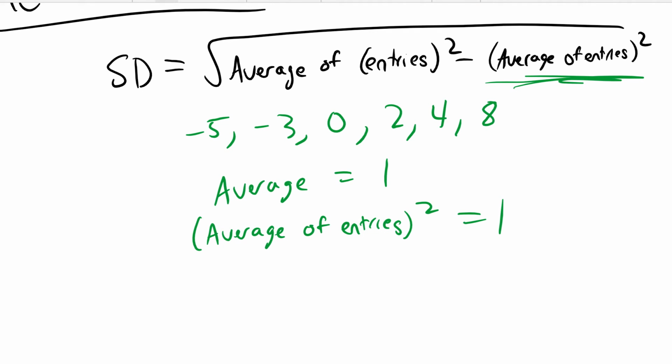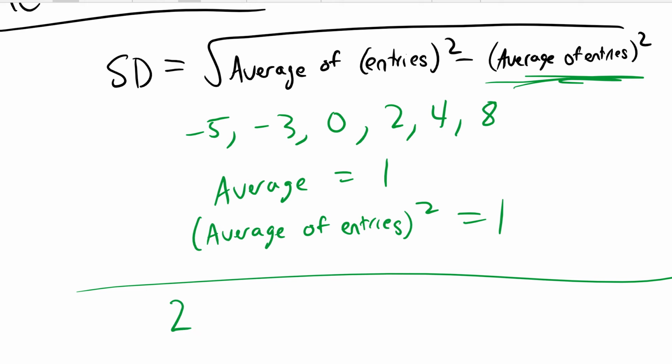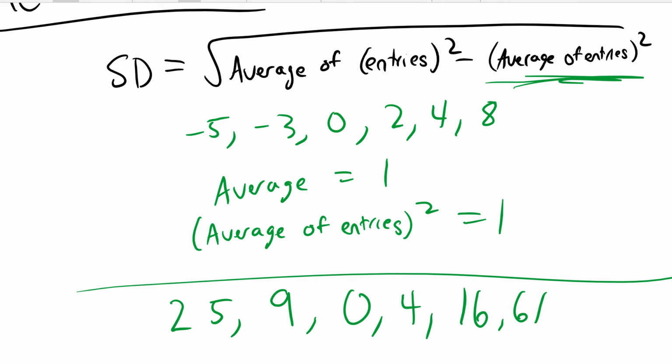The first part, average of the entry squared, we want to square our list. Be careful here, we do not find the deviations. We square the original list to get 25, negative 3 squared is 9, 0, 4, 16, and 64.